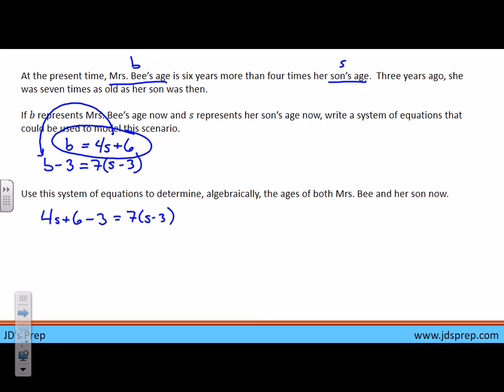To do that, we'll start by combining the like terms on the left side. So we have 6 minus 3. That will give us 4S, sorry, plus 3. And then on the right side, distribute the 7 onto the S minus 3, and we'll have 7S minus 21.